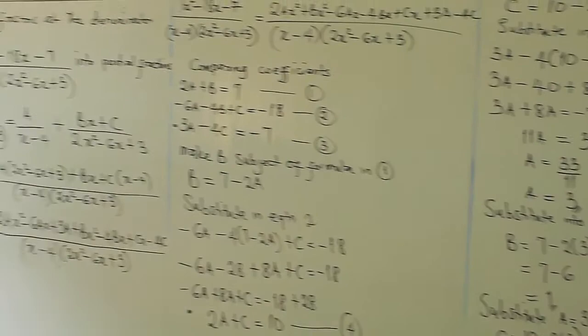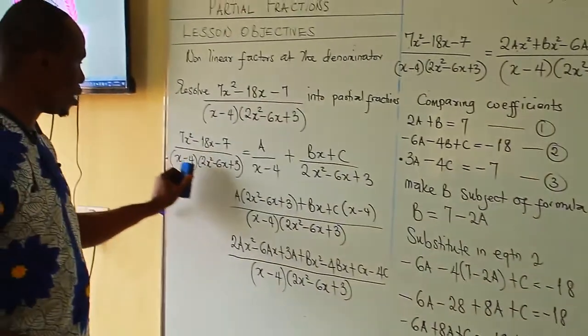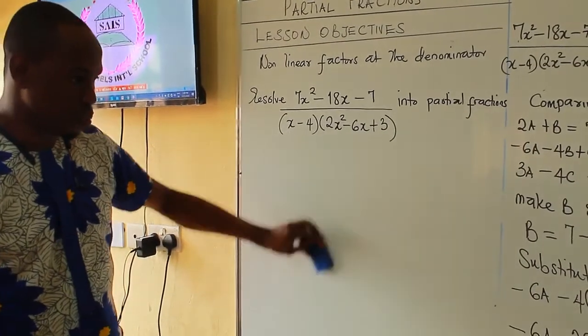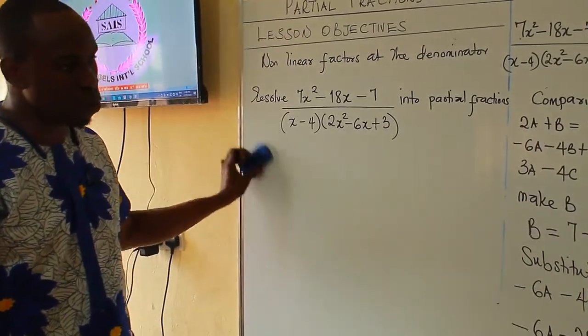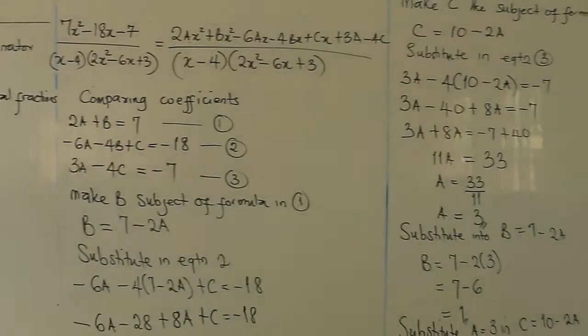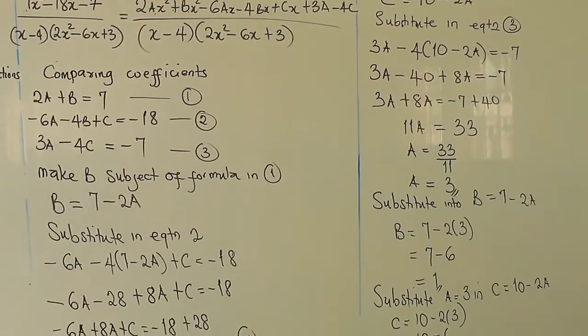So I'm just going to clean this section of the board so that I can state the answer. Now that we've gotten a, b, and c to be 3, 1, and 4 respectively, we will then use these answers to split this compound fraction into partial fractions.